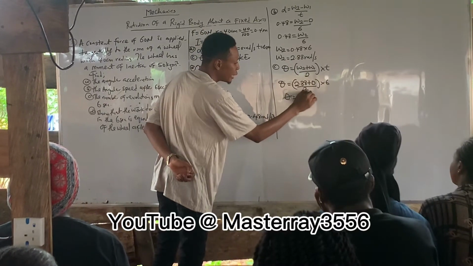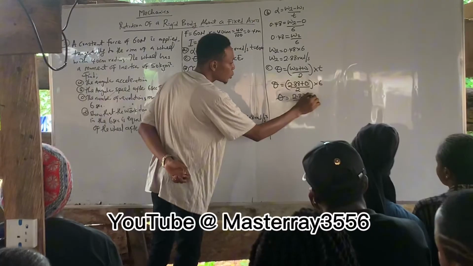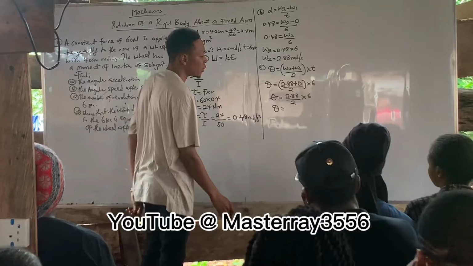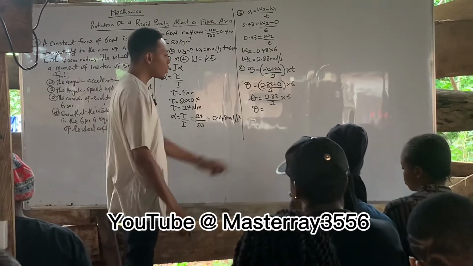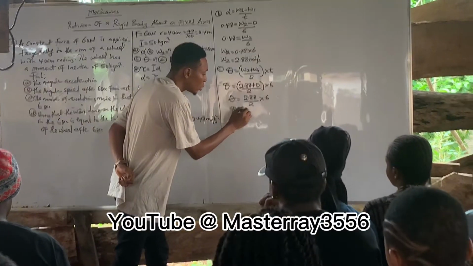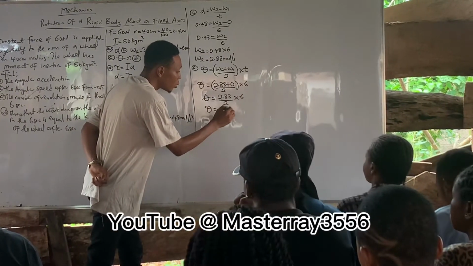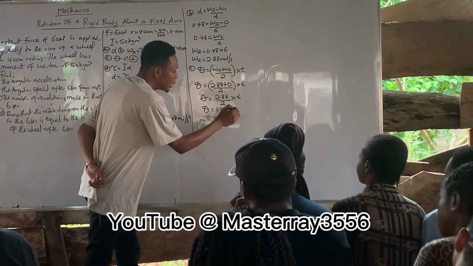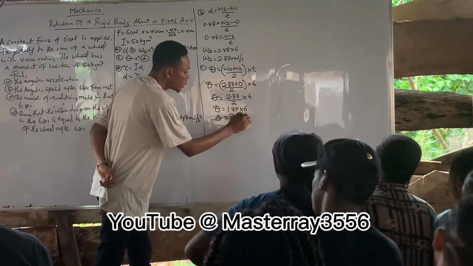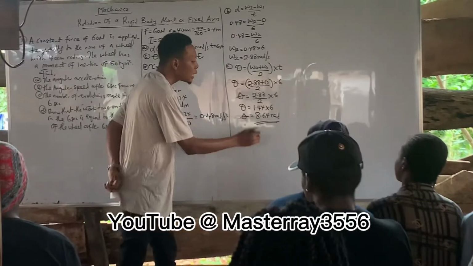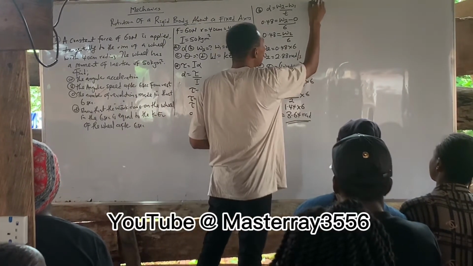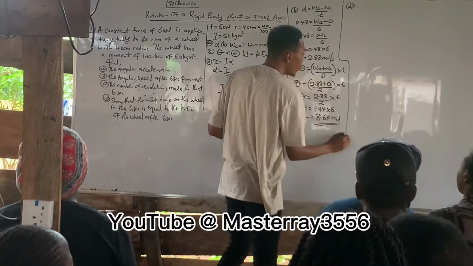We still have 2.88 divided by 2 times 6. So theta will be equal to 2.88 times 6 divided by 2. 2.88 divided by 2 is 1.44. Then times 6 is 8.64 rad.